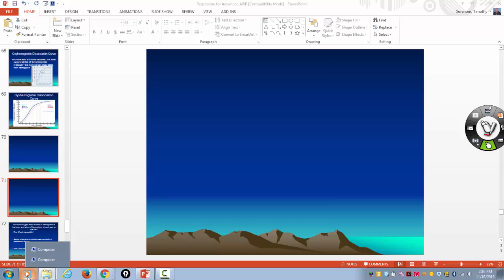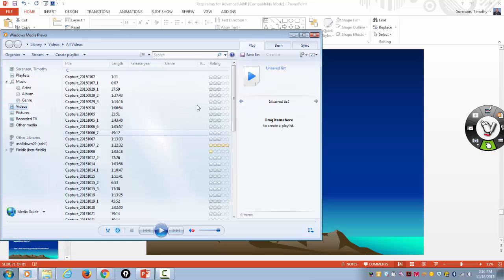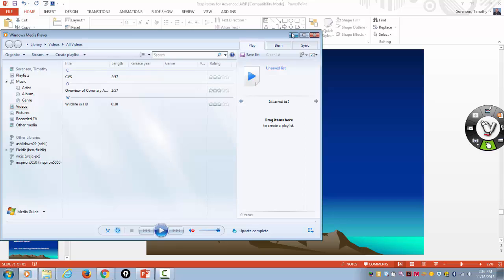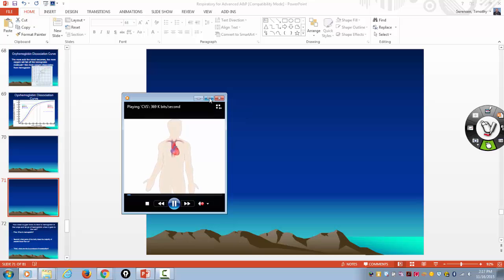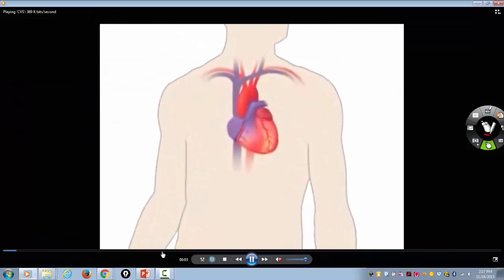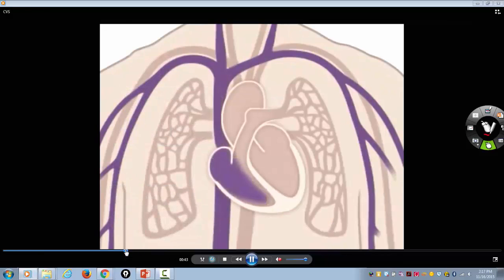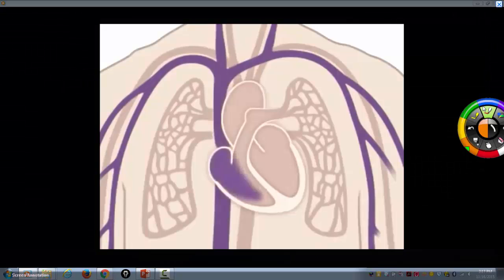So observe. There we go. So all that venous blood with the PO2 of 40 is going to come back to the right side of the heart.